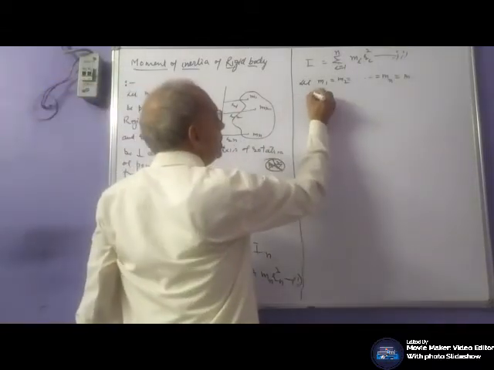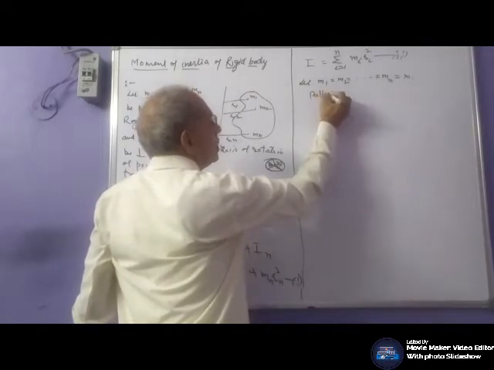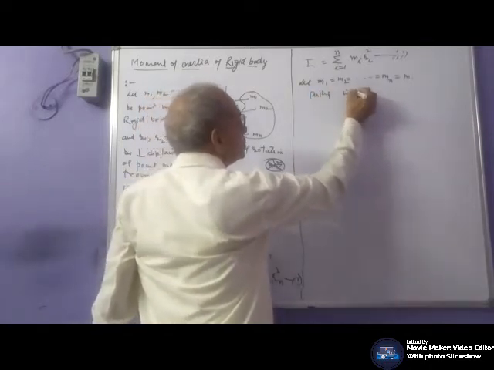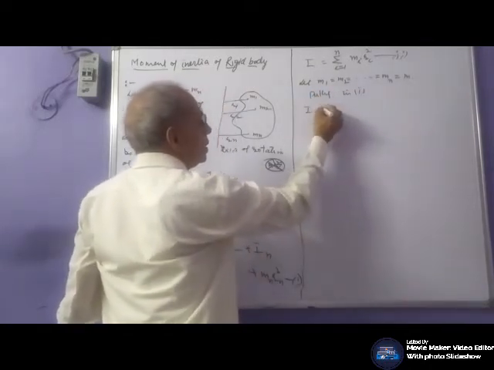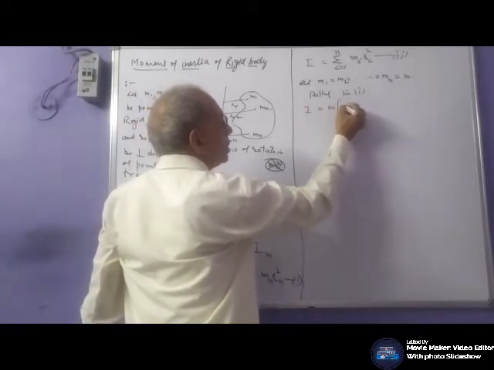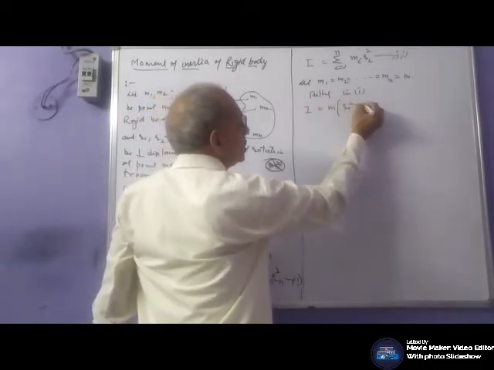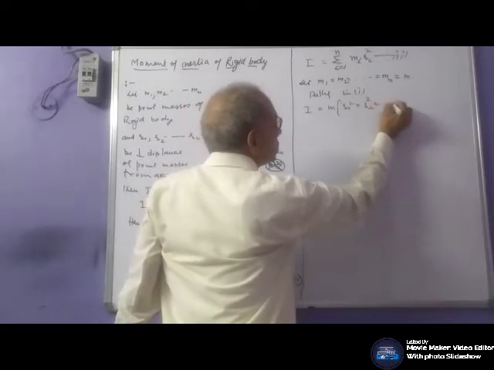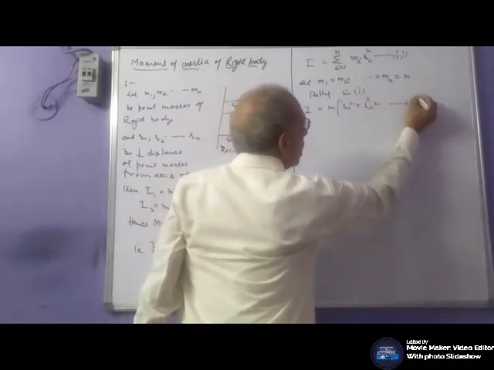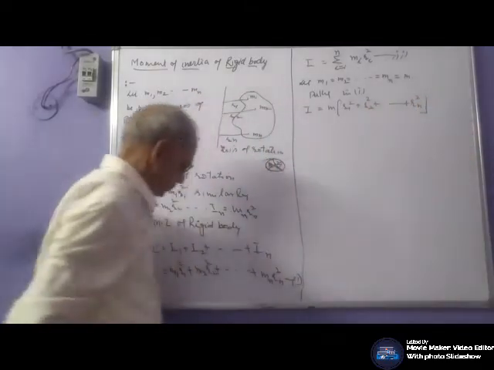Putting in the first equation, I equals m common times r1 square plus r2 square and so on plus rn square.